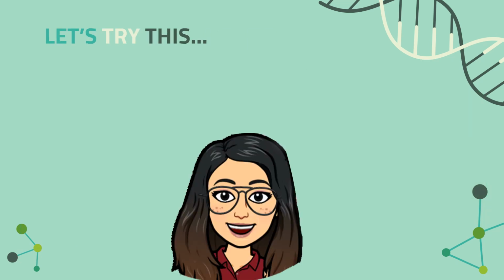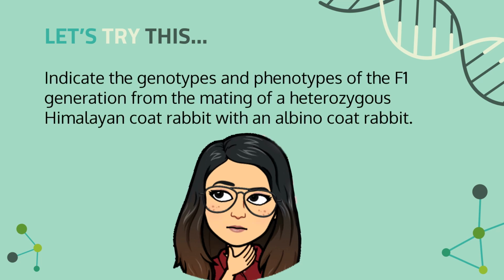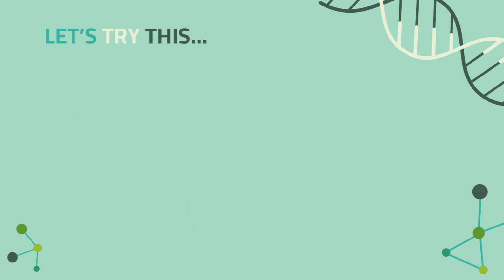Let's try solving this problem involving rabbit coat color. Indicate the genotypes and phenotypes of the first filial generation from the mating of a heterozygous Himalayan coat rabbit with an albino coat rabbit. First, identify the genotypes of the given phenotypes.